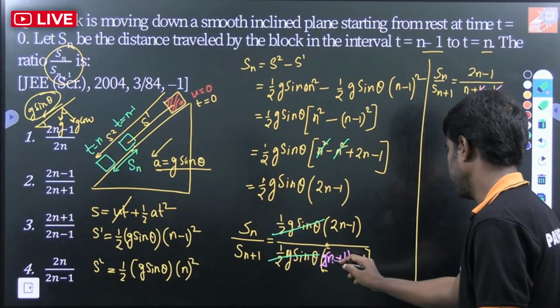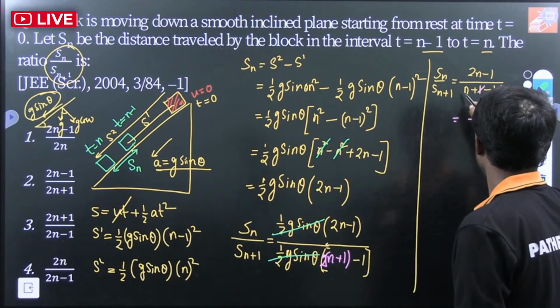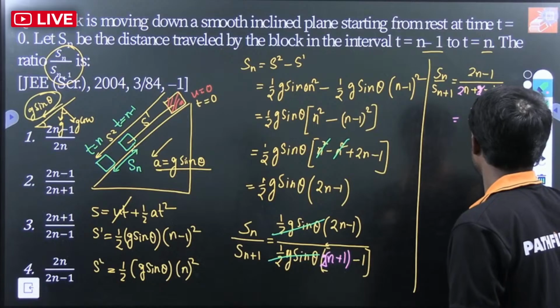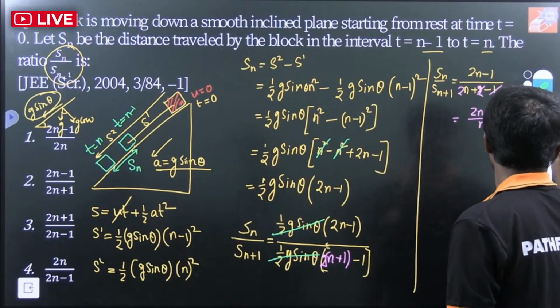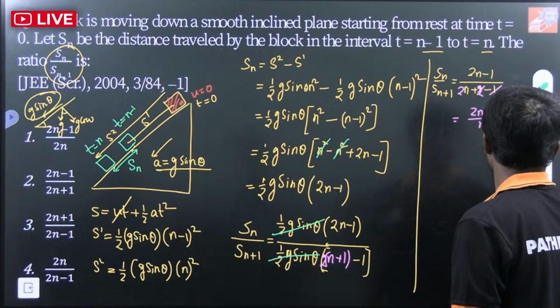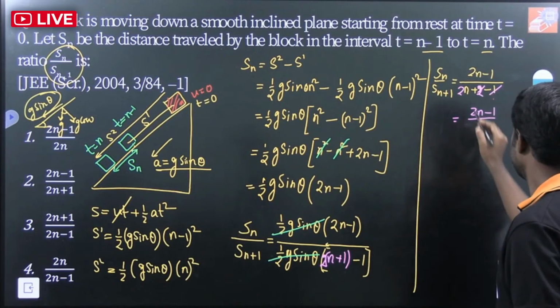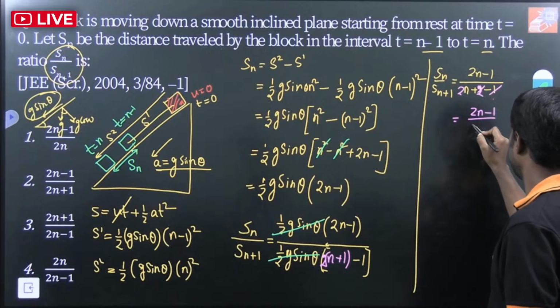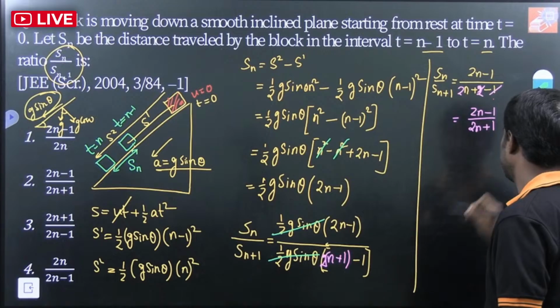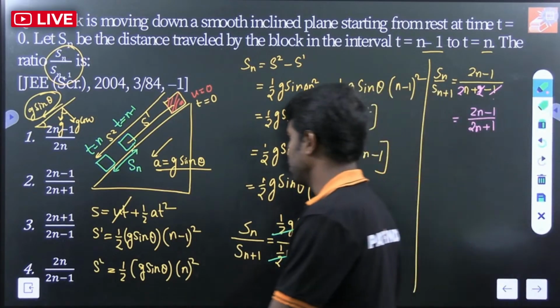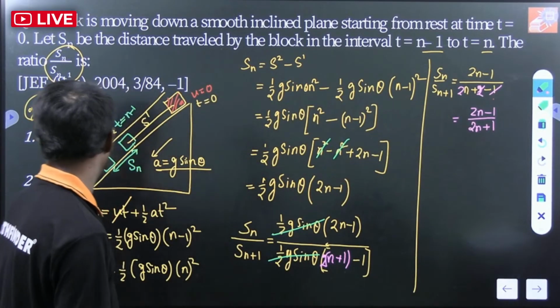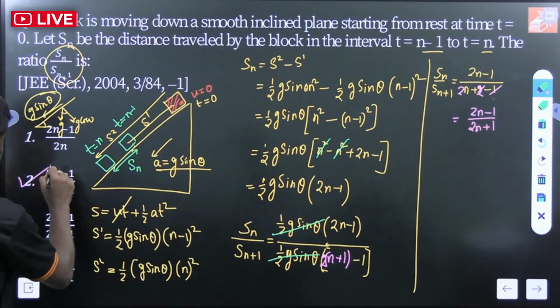So 2n plus 2 here. So 2n and this 2n, and 2 minus 1 is 1. So now we can check that the answer is 2n minus 1 by 2n plus 1. So the second option will be the answer.